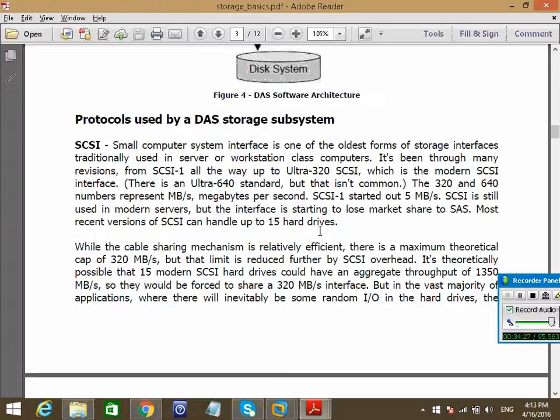SCSI technology means there will be drivers to run the SCSI hard disk, and this particular protocol or driver can support up to 15 hard drives.